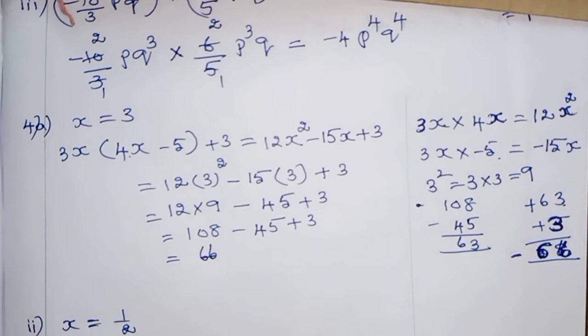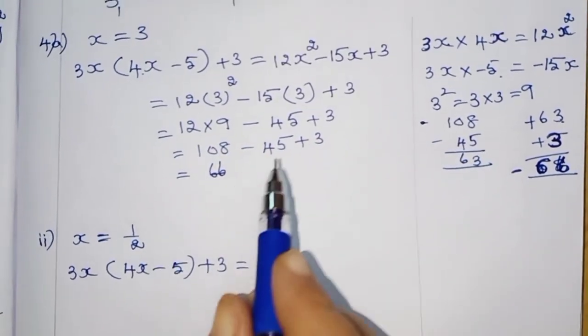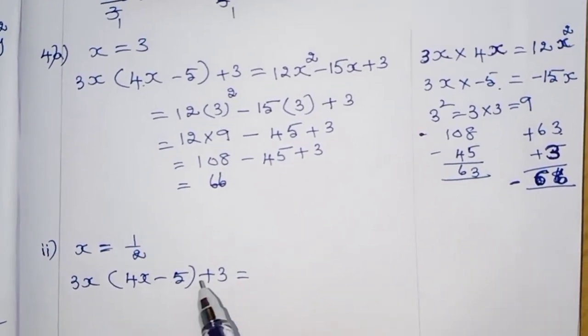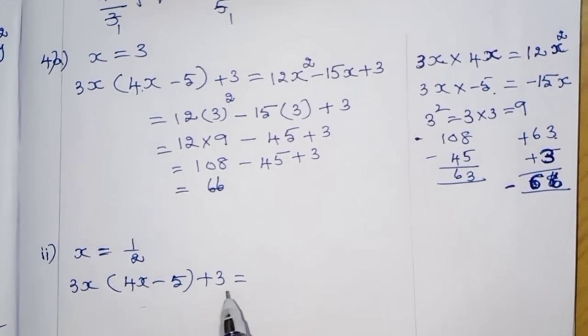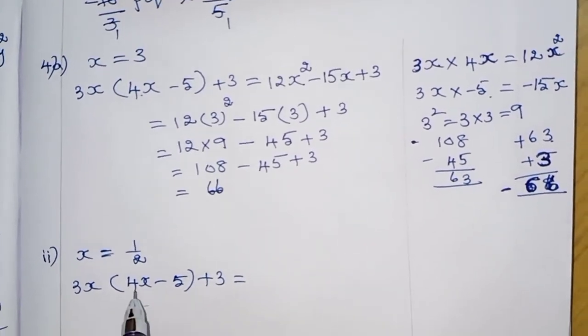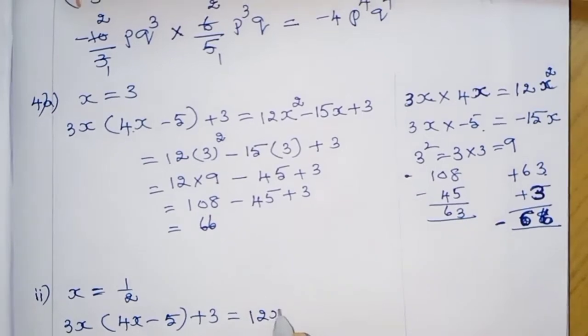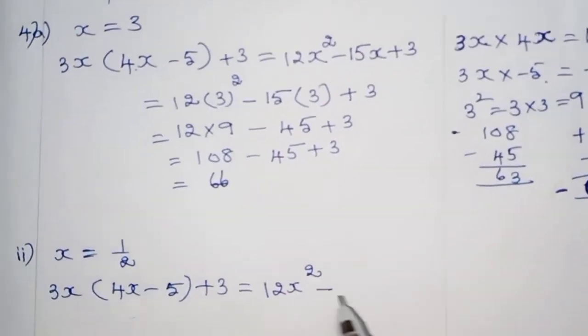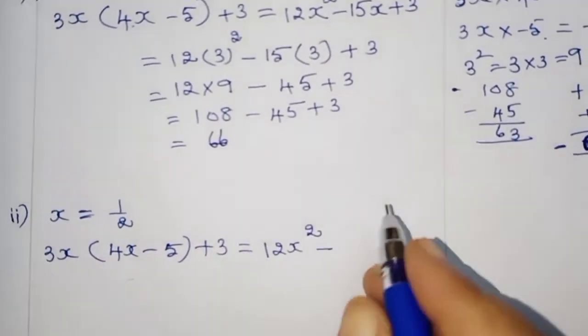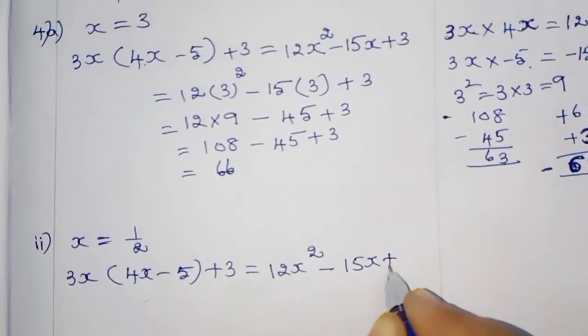Now, x is equal to 1 by 2. So wherever x is there, you have to substitute 1 by 2. First, we have to simplify the algebraic expression: 3x into 4x is 12x square, minus 3x into 5 is minus 15x, plus 3.